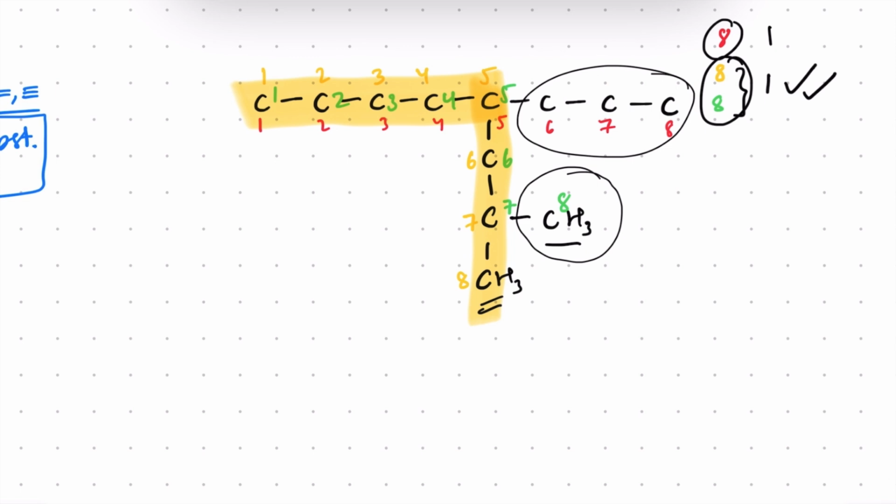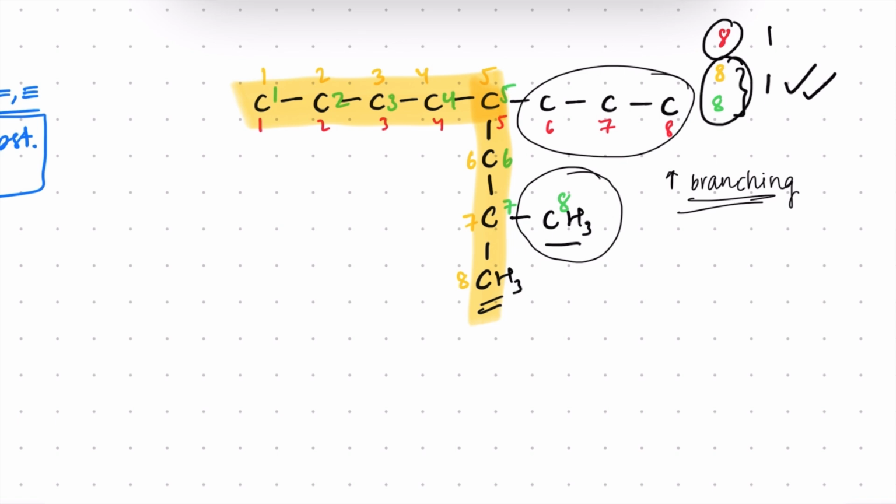So when you're looking for an IUPAC name, you usually look for more branching. Branching is very important when you're looking for an IUPAC name. More substituents means more preference for that chain, which basically means more branching means more preference for that chain.